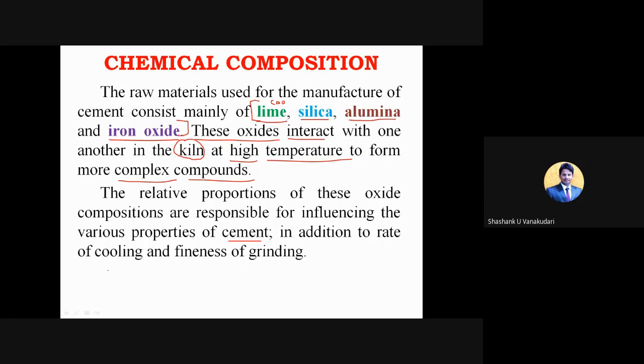For example, cement will have strength, and that strength depends upon the proper proportions of these chemicals. So you need to check the raw materials you are going to use: which chemicals are present in the raw material and what percentage. Depending on that, various properties of cement will differ.